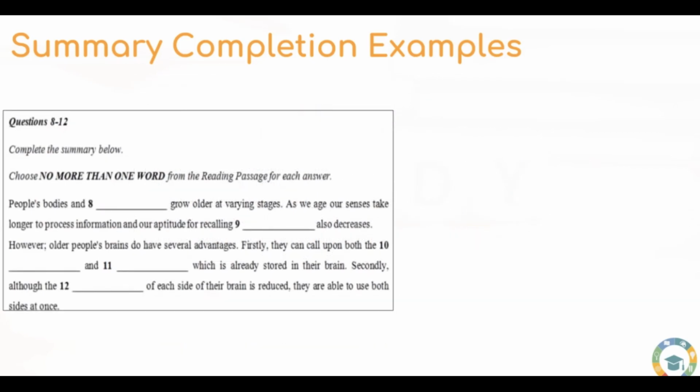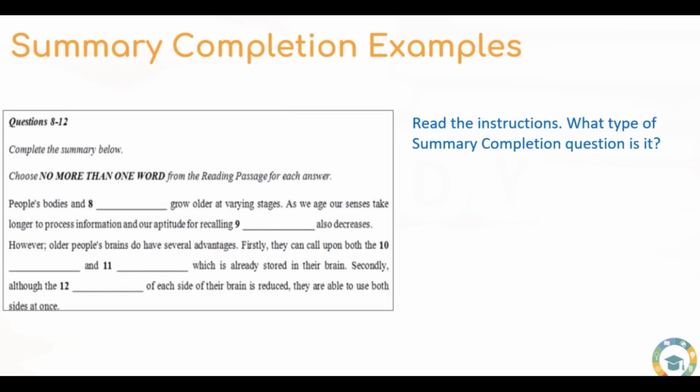So, beginning with the first type of summary completion question without the answer box, here is my suggested strategy. Read the instructions carefully. What kind of summary completion question is it? Well, in this example, we need to give our answers from the reading passage.